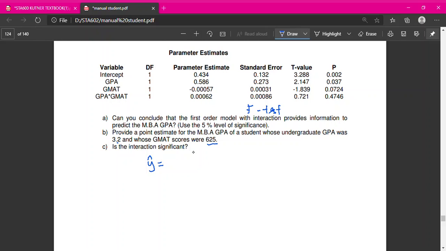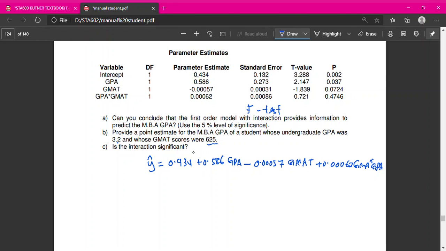So it will be 0.434 plus 0.586 GPA, right? Minus 0.00057 GMAT. Okay, plus 0.00062 GMAT multiply GPA. Okay, this is the model.